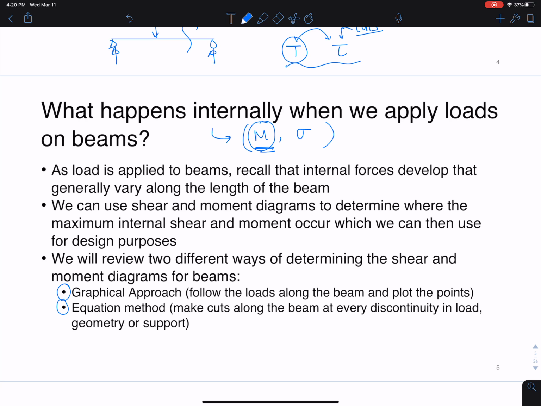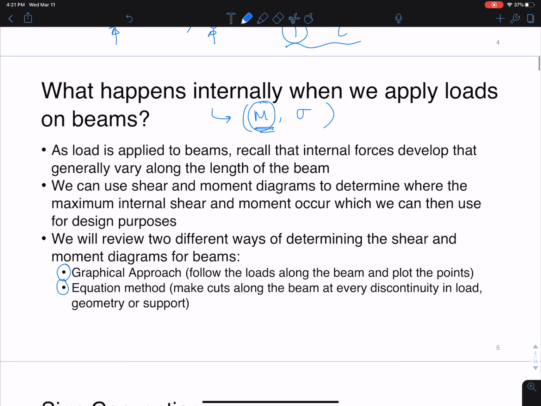So if you feel like you're a little bit fuzzy in that subject, I strongly suggest that you go online and take a half hour, an hour, however much you need to go through every single one of those examples, because you'll have to use shear and moment diagrams for a lot of other classes. So it's best to get comfortable with it now, okay?